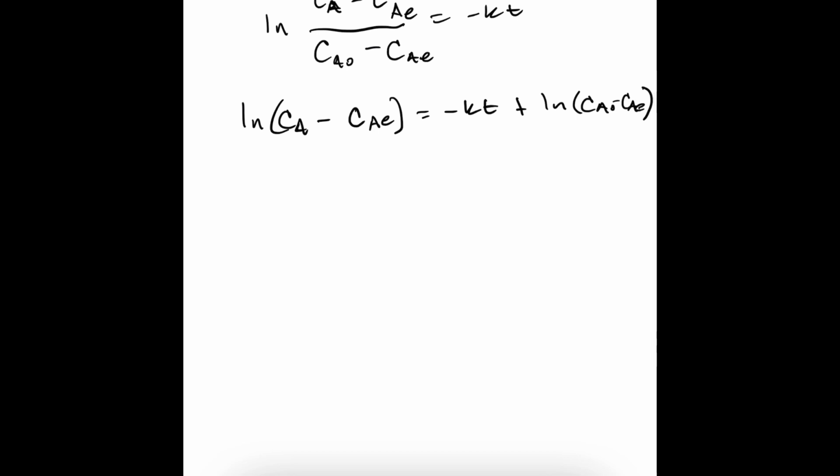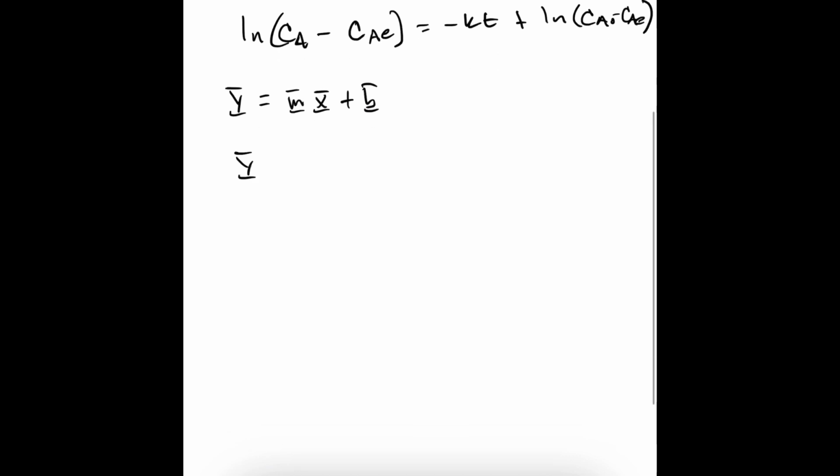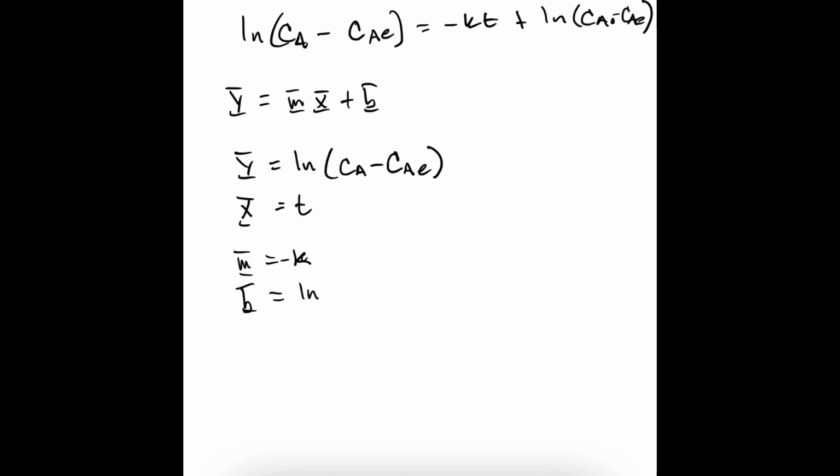So now let's define our equation for a line. y equals mx plus b. y in this case equals natural log of Ca minus Cae. x equals t. m equals minus k. b equals ln of Ca naught minus Cae.